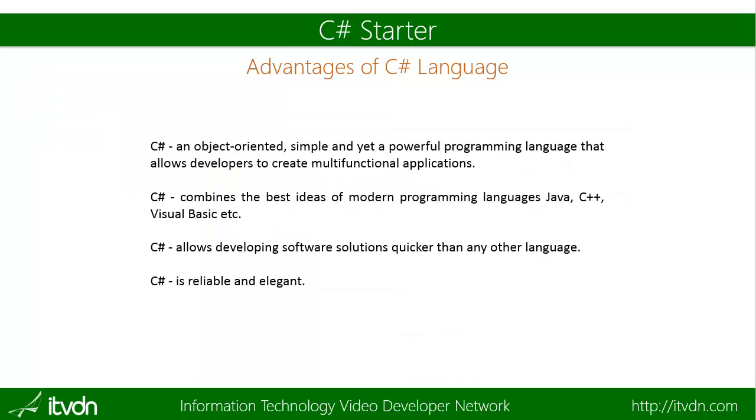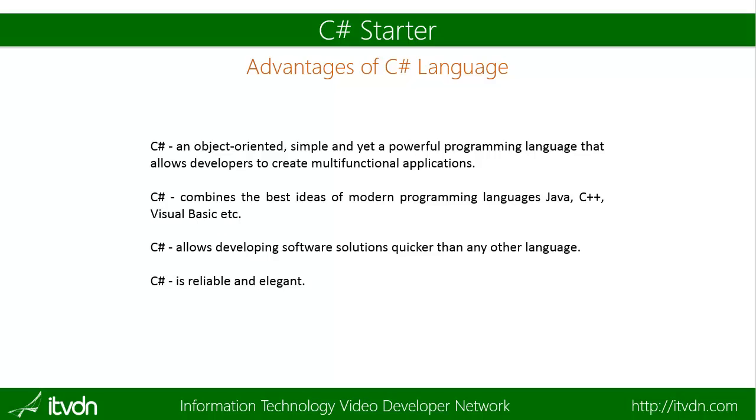Now that we have an idea of what programming languages and C# are, let's take a look at some advantages of C#. C# is an object-oriented, simple, and yet powerful programming language that allows developers to create multifunctional applications. I hope you remember what object-oriented means.